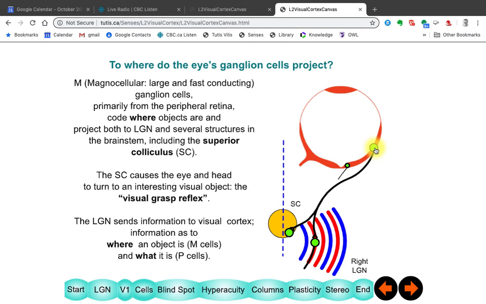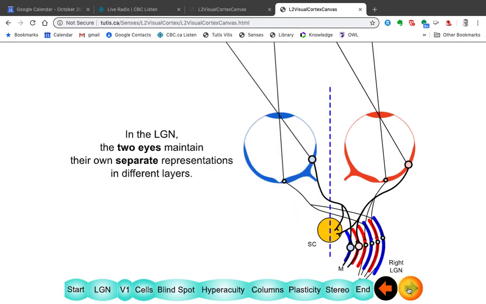the fovea goes to a different part of the LGN, and it has also high detail like the fovea does. So the other thing to notice is that the signals from the two eyes stay separate.